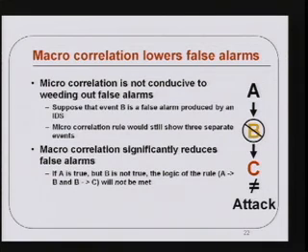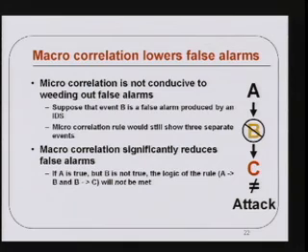Macrocorrelation also tends to lower false alarms because microcorrelation only looks at one event seen by more than one device. But let's suppose that we have an A leads to B leads to C chain of events. If B is a false alarm, think about it. The microcorrelation will still see A successfully, and it'll be correct.